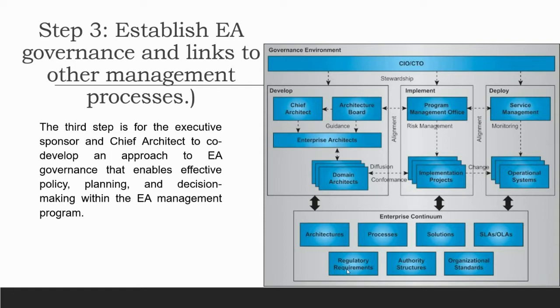This approach to EA governance, or the organizational structure, should incorporate connections to other management processes such as treasury planning, capital planning, project management, security, and workforce skill planning.